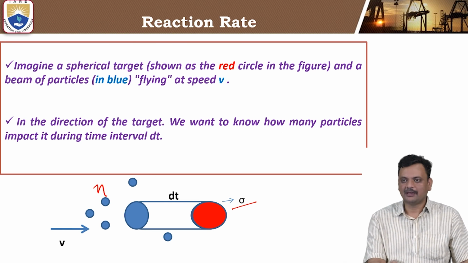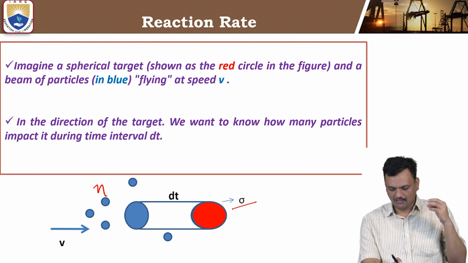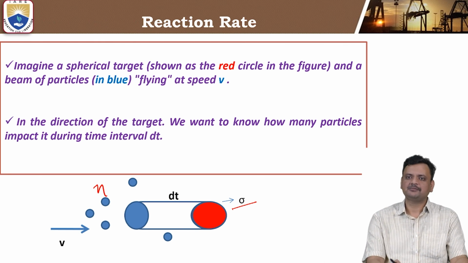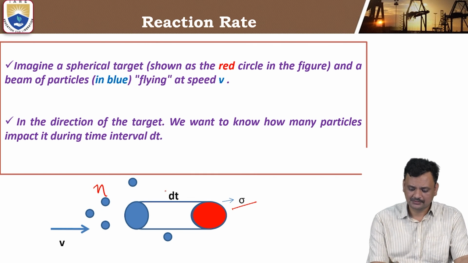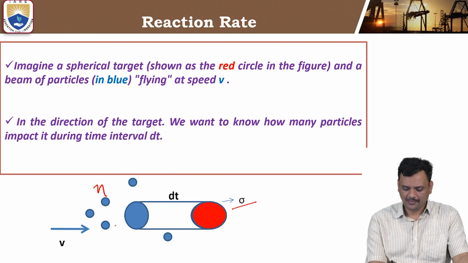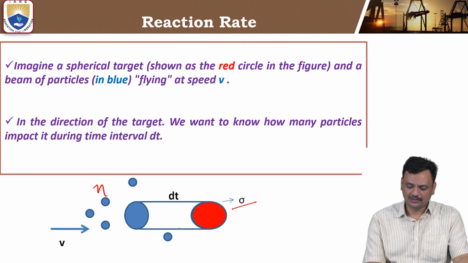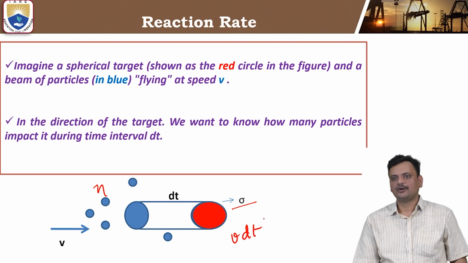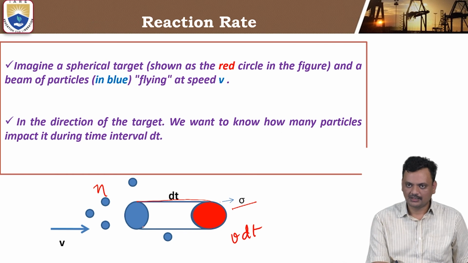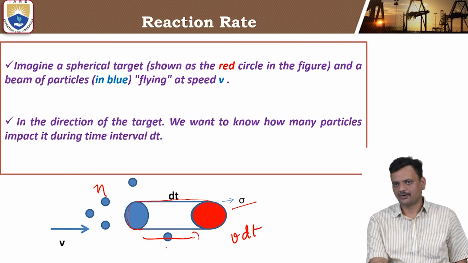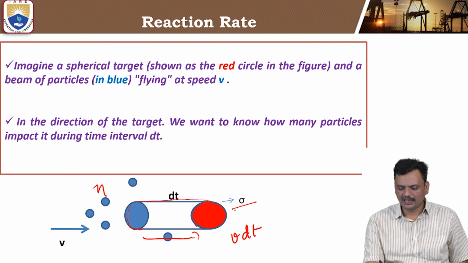In time dt, the distance traveled by the incident neutron is v dt. So consider this cylindrical volume, whose length is v dt and whose base area is sigma.